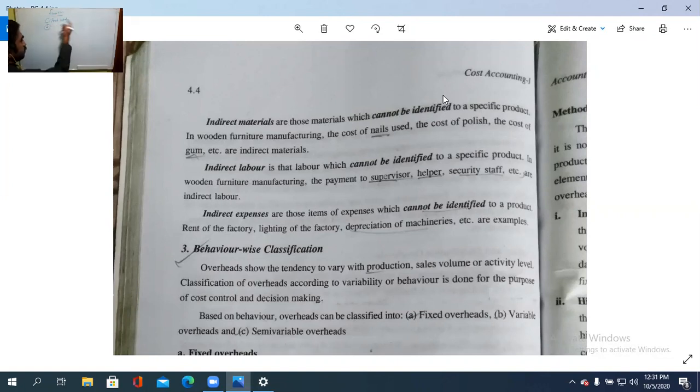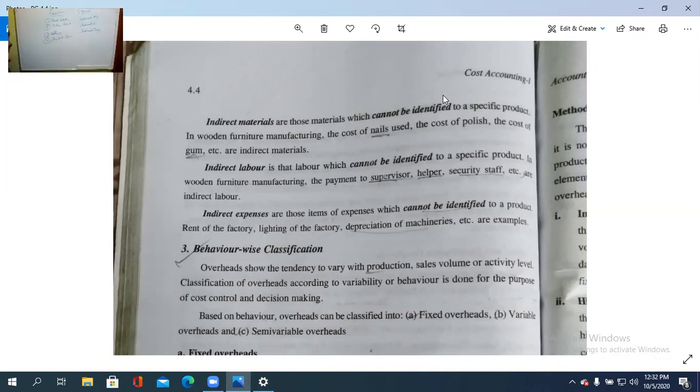Production or works overhead, then administration overhead, then selling, and a fourth one, distribution overhead. Then element-wise, that is indirect material, indirect labor, and indirect expenses.